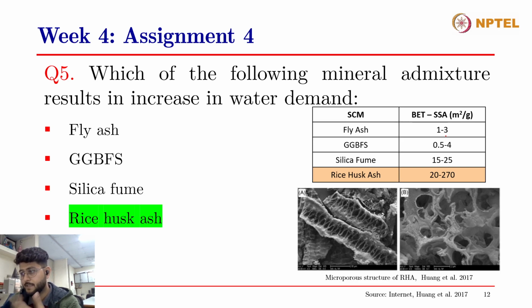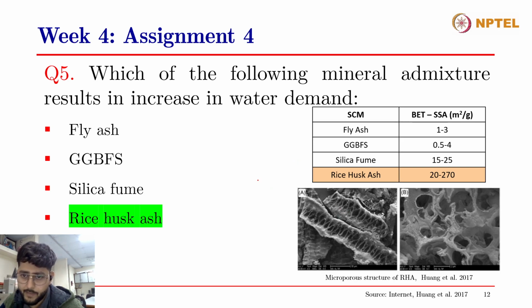Silica fume has a higher specific surface area and an even lower particle size among all these as well, and that ranges around 15 to 25 meters square per gram. Whereas rice husk ash can have a specific surface area ranging from 20 meters square per gram till 270 meters square per gram. And this is influenced by the morphology of the rice husk ash particles, as you can see on this view graph.